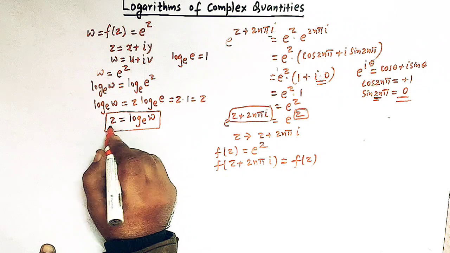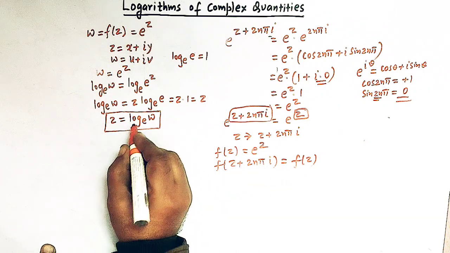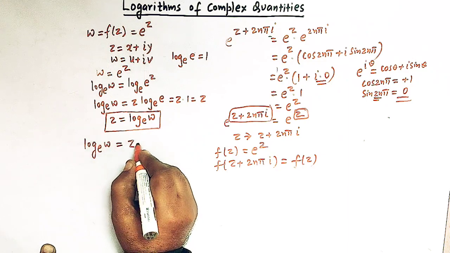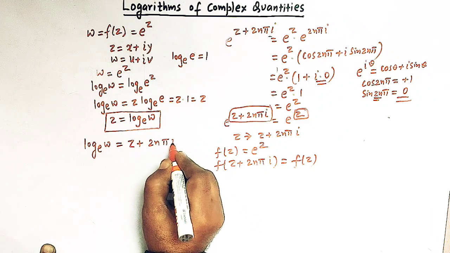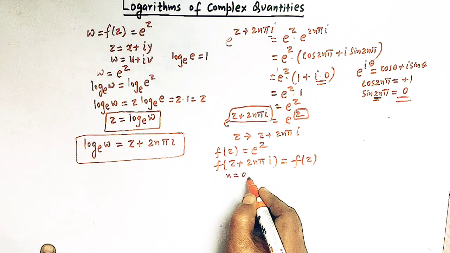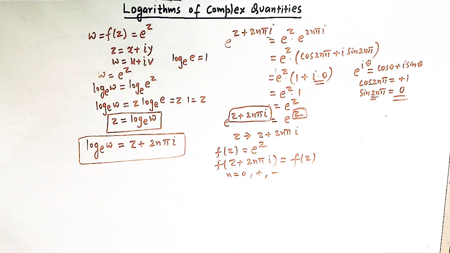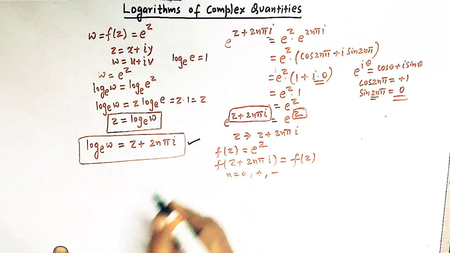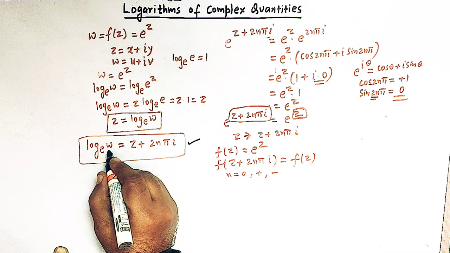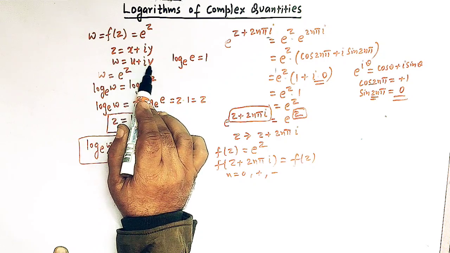So now if we replace this z by z plus 2n pi iota, then we have log of w is equal to z plus 2n pi i, where this n is either 0 or a positive integer or a negative integer. So now this is an important equation. It defines the logarithm of this complex quantity w, which is u plus iota v.